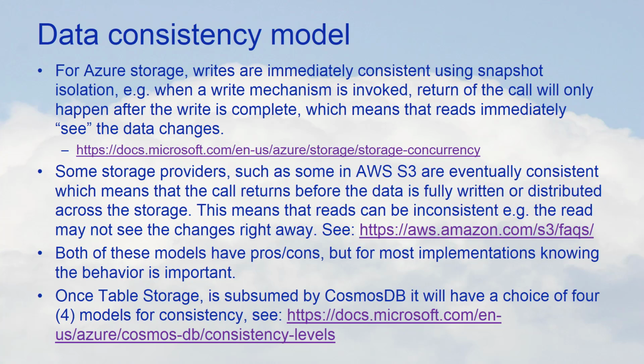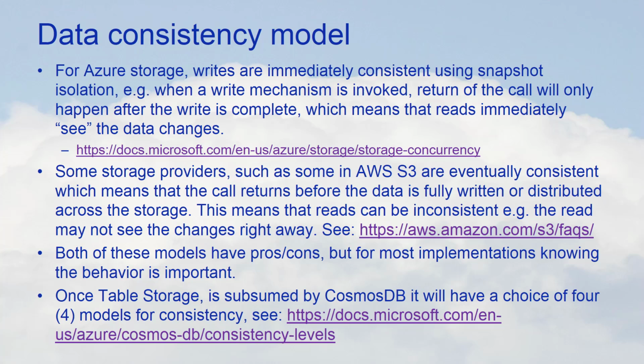And as a resource, we've included the storage FAQ URL, so you can go look and see how that can be tuned on S3. Neither one of these things is superior. They have pros and cons, but the most important thing is to know what data consistency model is being applied to your storage and to understand the differences in behavior that brings.